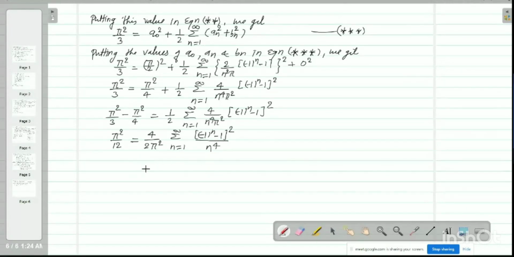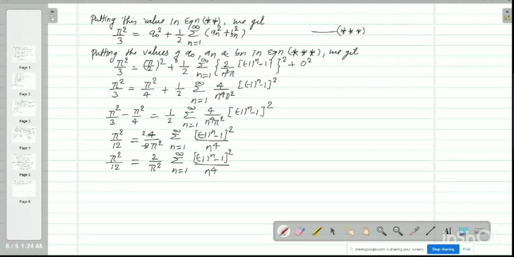Now run this series, or leave it as it is. Let us simplify it. This is pi square by 12, and the 2 cancels with 2, so it goes up. In the next step, 2 by pi square and sum running from n equal to 1 to infinity of minus 1 raised to n minus 1 the whole square by n raised to 4.